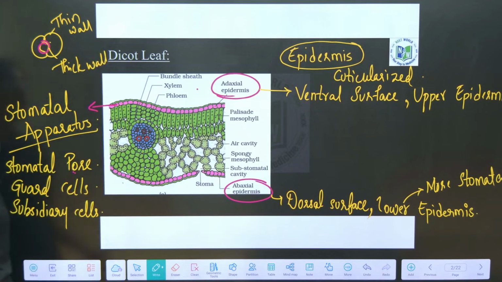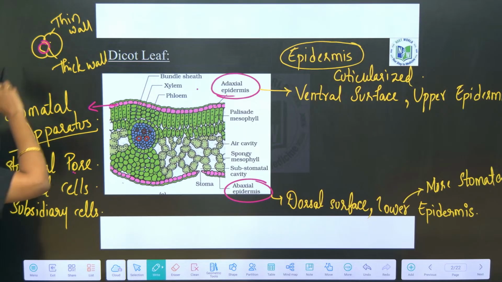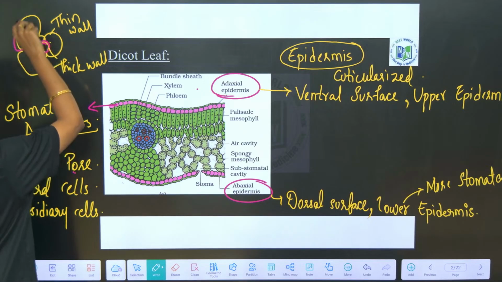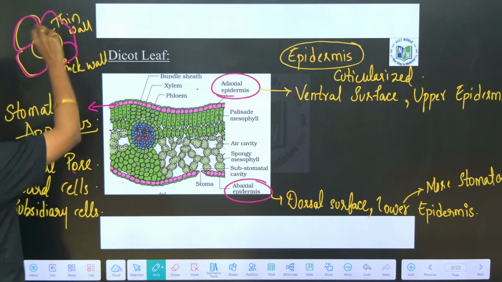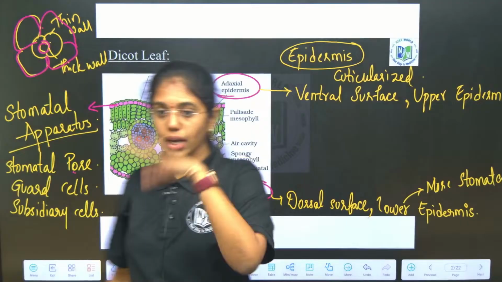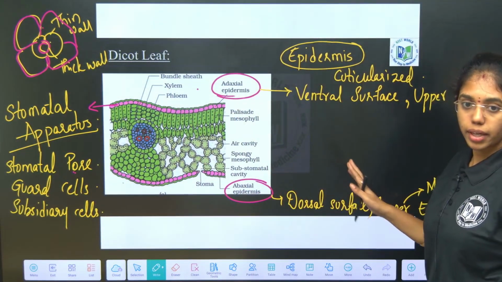Based on the turgid and flaccid conditions, the stomatal opening and closing will be there, because of thin and thick wall layers. And the cells which are closely arranged around the guard cells are called subsidiary cells. Clear? Any doubt over here?